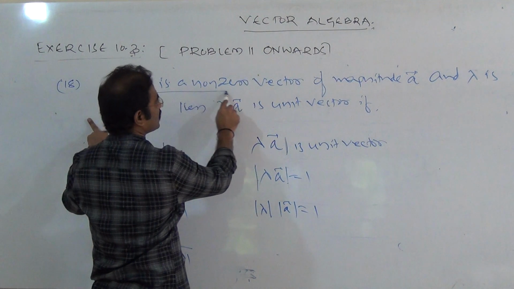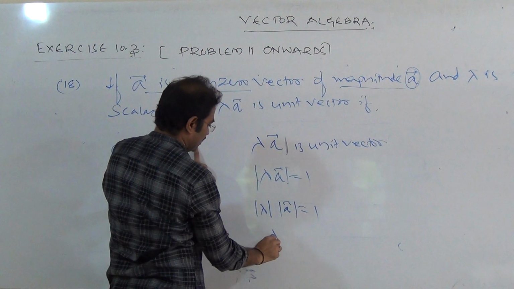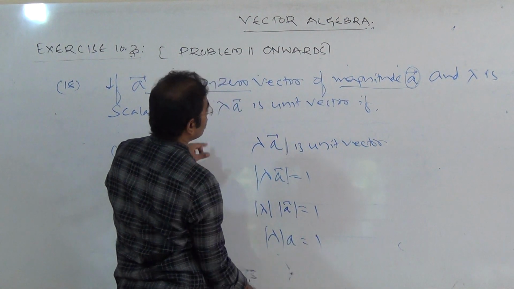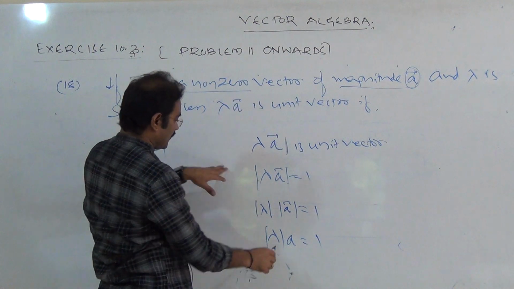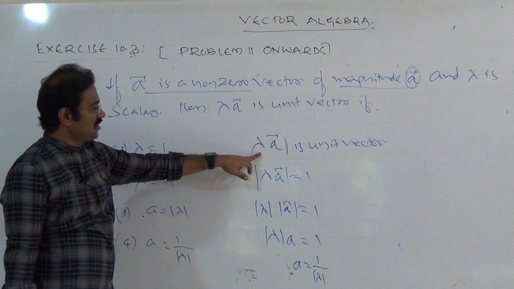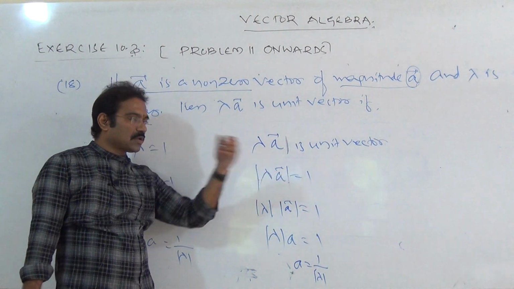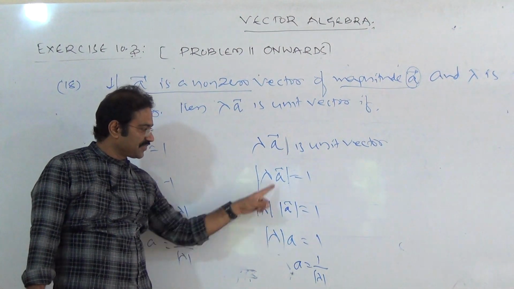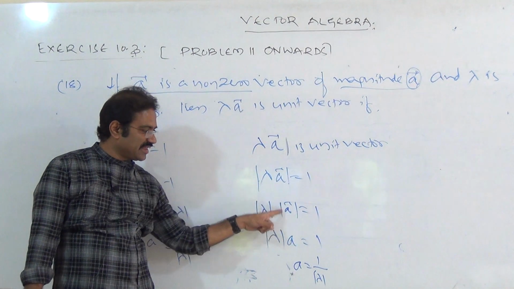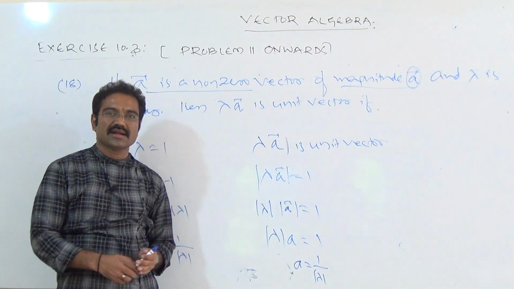A is a non-zero vector of magnitude A. Therefore, lambda A is a unit vector if the condition A is equal to 1 divided by lambda holds. I write lambda into A is equal to 1, magnitude of lambda times magnitude of A equal to 1. But it is given that the magnitude is A. So, A is equal to 1 divided by lambda.